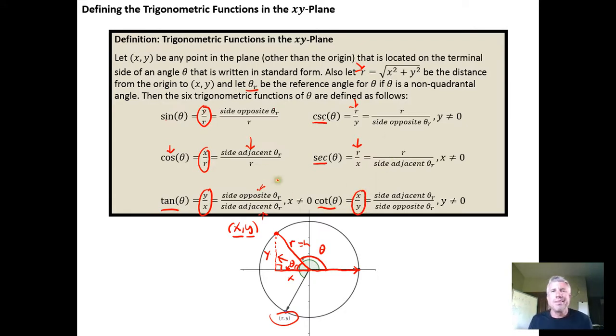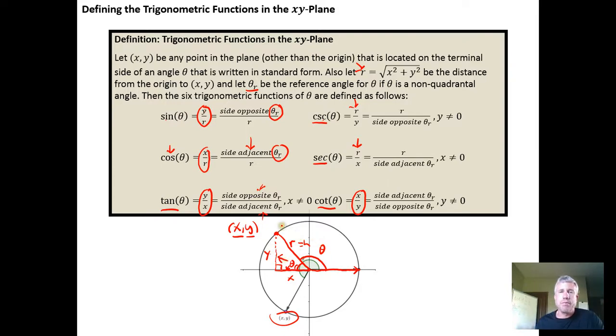So again, these are really consistent with how we defined trigonometric functions using a right triangle. The slight difference now is we're saying that we're going to take the ratio of the side opposite the reference angle, or the side adjacent the reference angle. We do everything with respect to the reference angle, and now because we're in the xy plane, the sides that are opposite and adjacent may have negative signs on them depending on the quadrant that you're in.